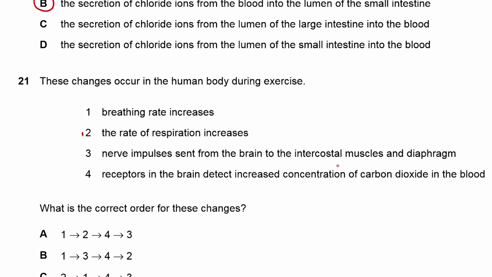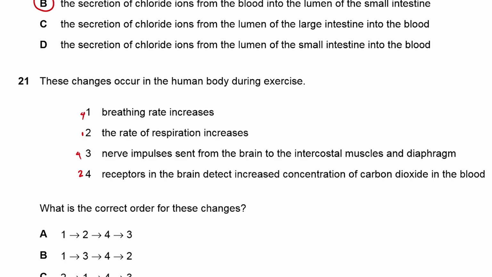So the receptors will carry this information to the nerve cells in the brain. Okay. Now, after they have carried this information to the nerve cells of the brain, this will eventually bring about more impulses being sent to the intercostal muscles and diaphragm, so that at the end of the day, the breathing rate does what? It does increase. Alright, yes.